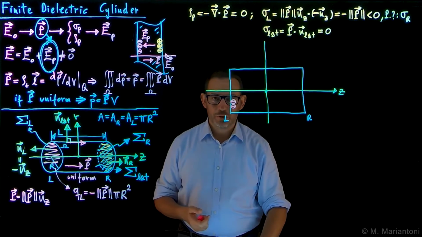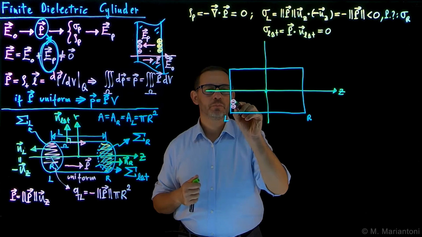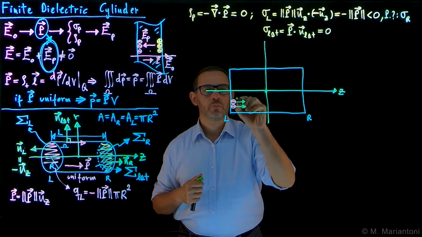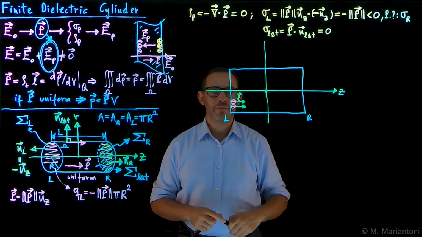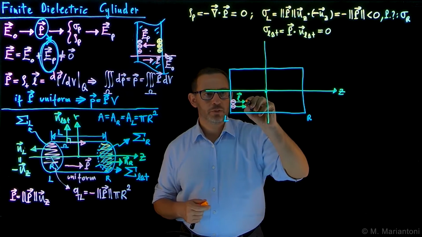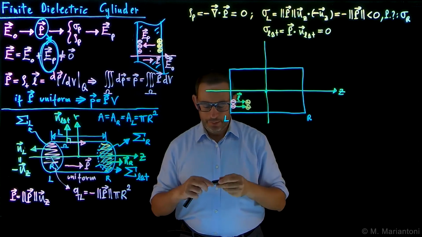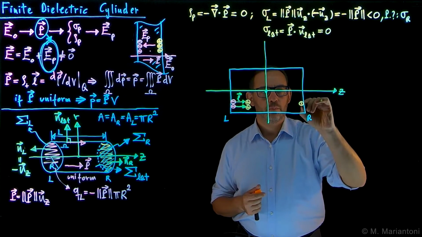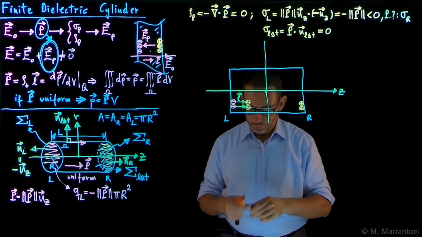They will be stretched by a certain L vector, which is the displacement vector. And on the other side of the L vector, we have the positive charges. So clearly, the same thing happens on the other side here. So we're going to have positive charge, positive charge.